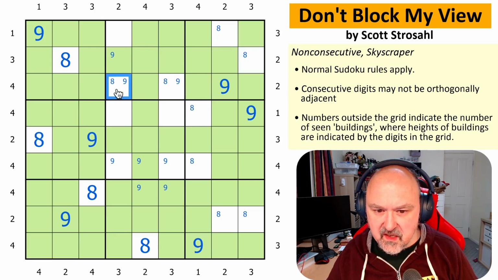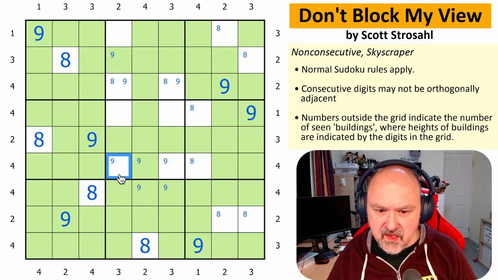If 8 is here, then this is 9. If 8 is here, one of those is 9. So what about this middle box?